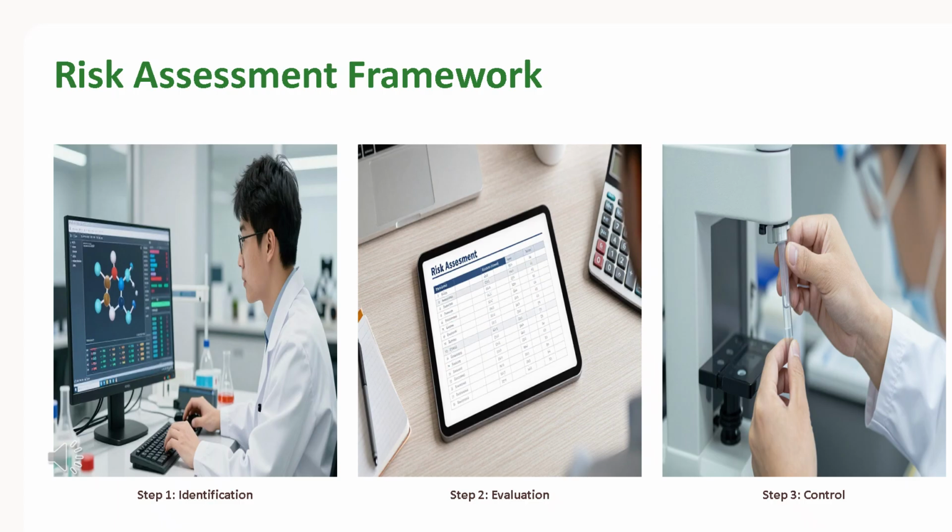Finally, the third step is control, which involves designing strategies to either eliminate the impurity, reduce its formation, or monitor it at safe levels. This step-by-step framework helps manufacturers ensure that any potential risk is carefully managed before the drug reaches patients.